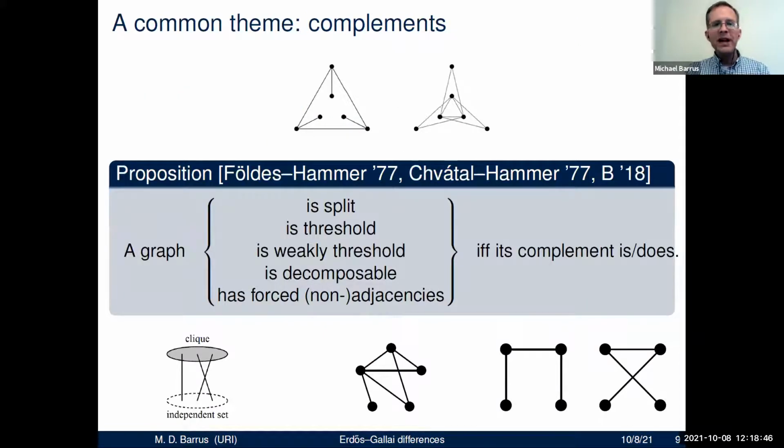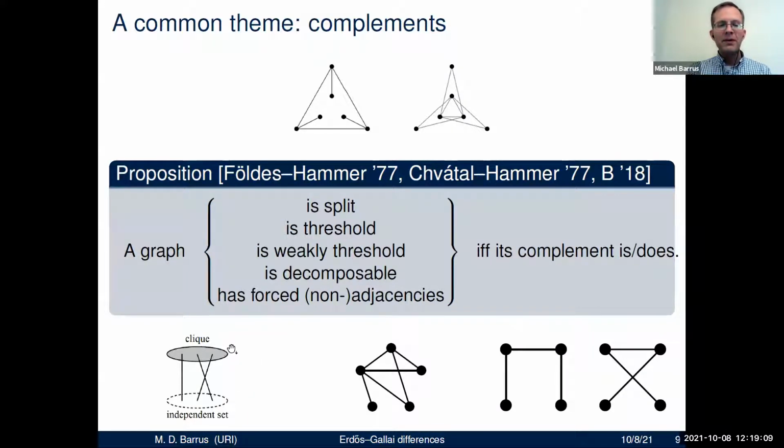And the first one has to deal with the complement of a graph. For many of these properties that we've mentioned, it turns out that a graph has that property if and only if its complement has that property. So if the graph is split, its complement will also be split. And that's pretty clear to see from the structure.